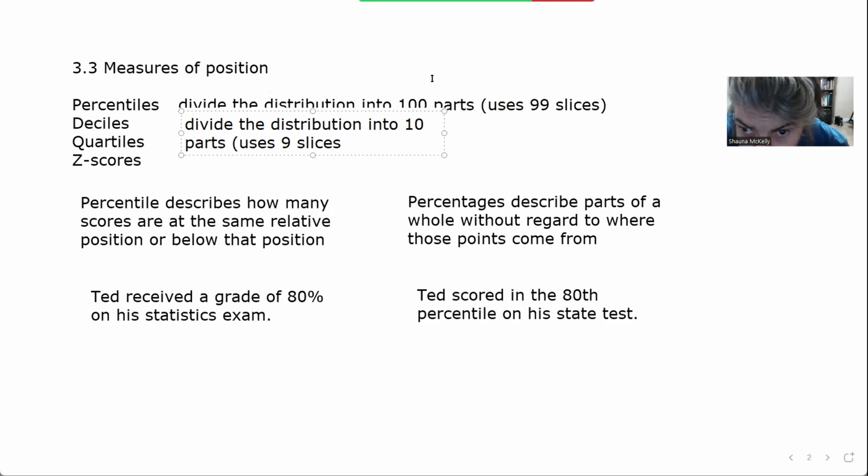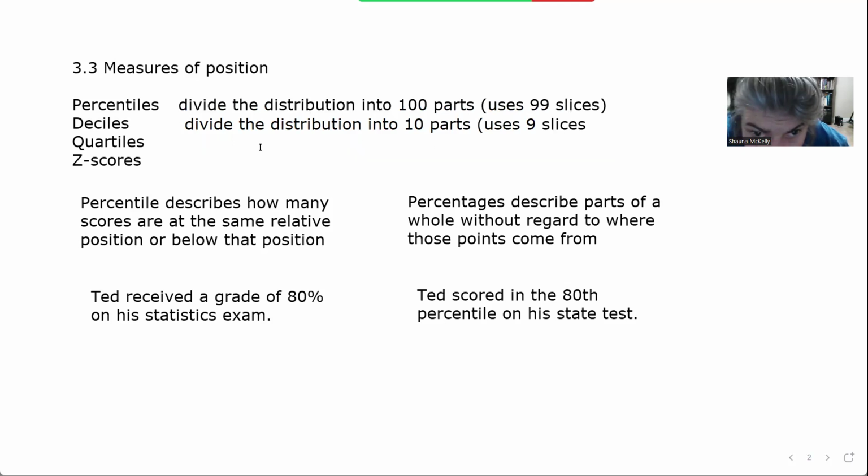Okay. So deciles use 9 slices. And quartiles, as we had discussed in class, divide the distribution into 4 parts.